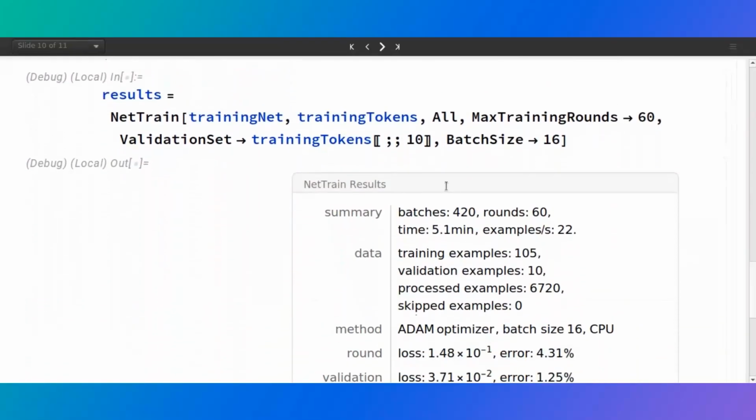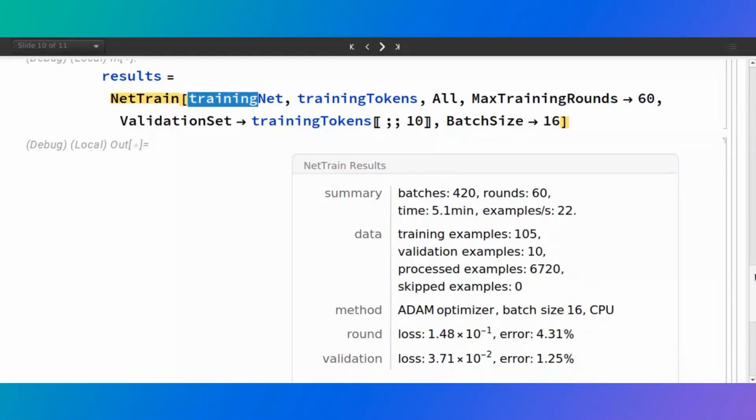And then here I show just a toy example with hundreds of examples being trained. We just train the neural network with the examples using 60 training rounds.